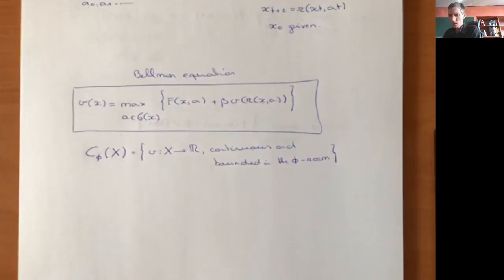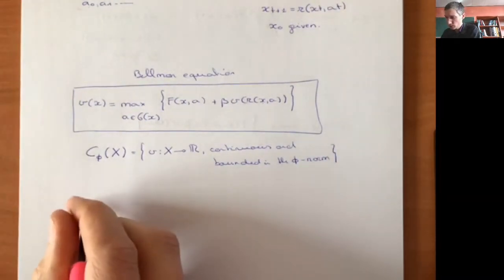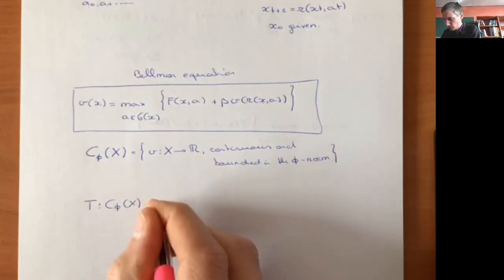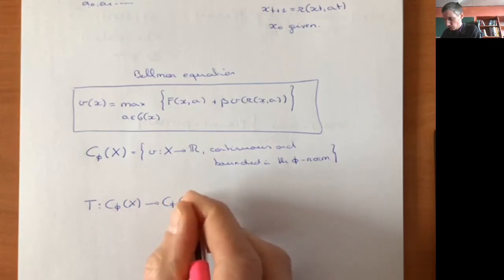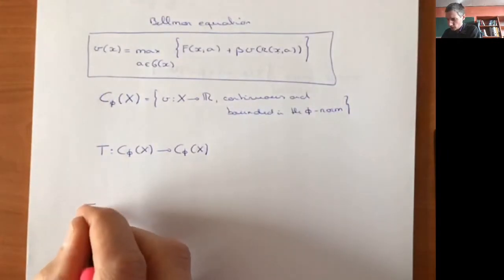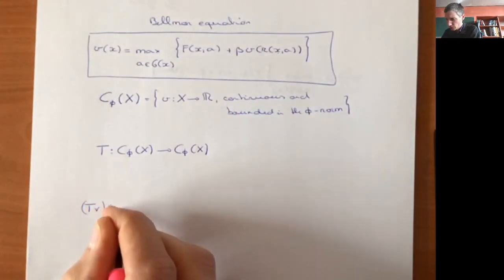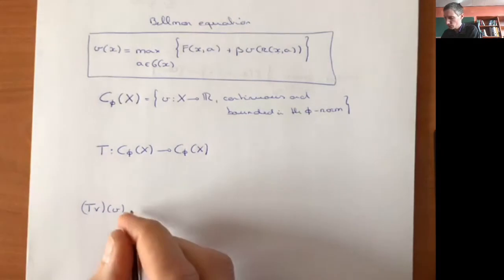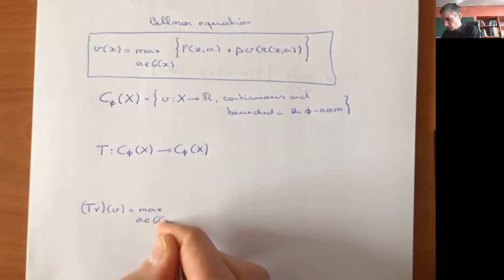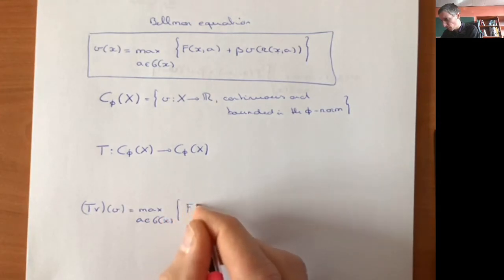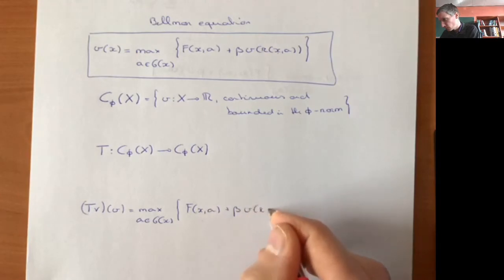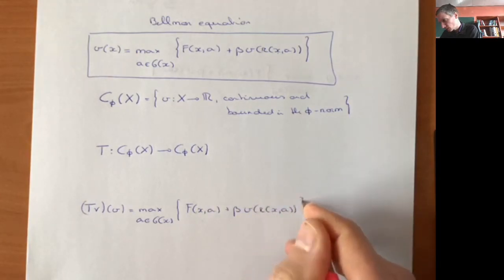Okay, so we're going to look at an operator T that goes from this vector space to the same vector space, and is going to look very similar to the Bellman equation, except that we don't have v on both sides, but we have Tv on one side and v on the other side: (Tv)(x) equals the maximum over a in G(x) of f(x,a) plus beta v(r(x,a)).